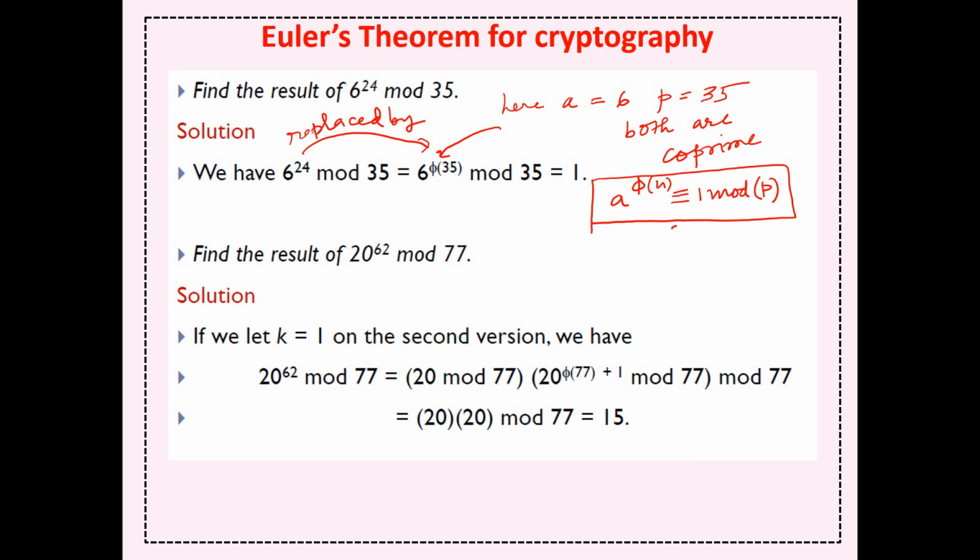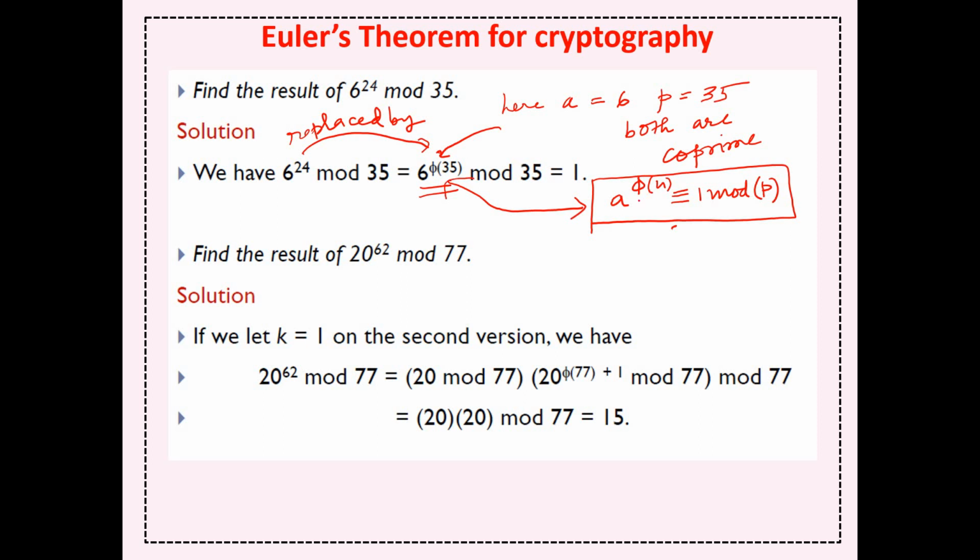If this is applicable, we just write that we are using Euler's phi theorem, the first Euler phi theorem, and then the whole thing can be replaced by 6 to the power phi 35 mod 35. Now, if you compare these two, they are the same.